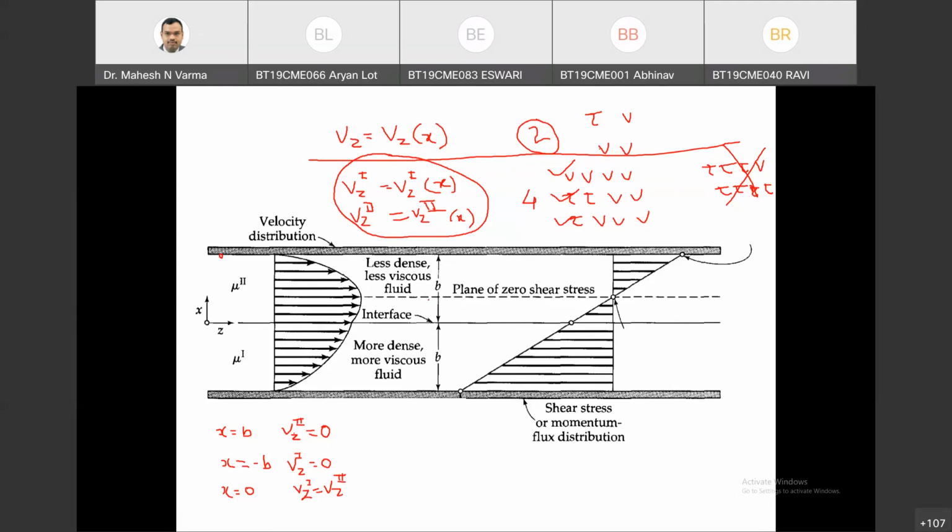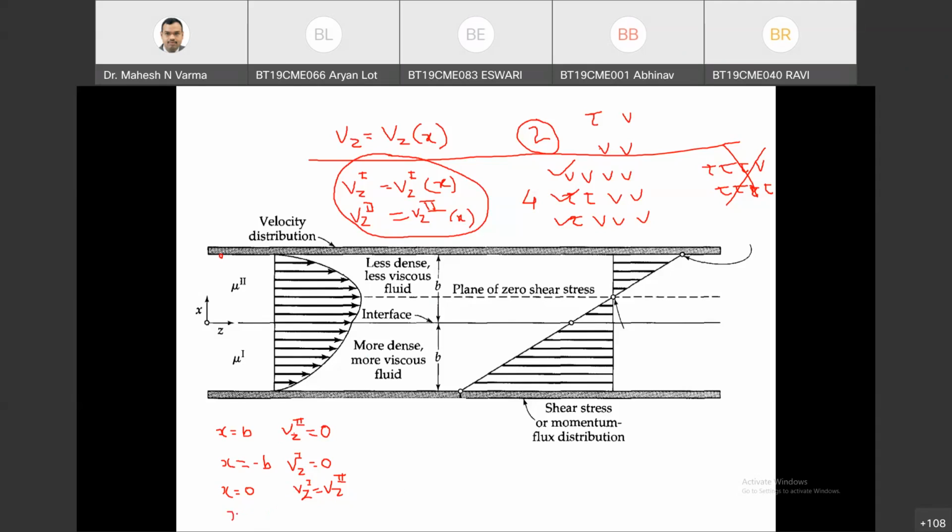But what is this distance, at x equals to what? We can take lambda x, but that will be very complicated. The fourth boundary condition is already given. It will be similar to continuity of velocity at x equals 0.